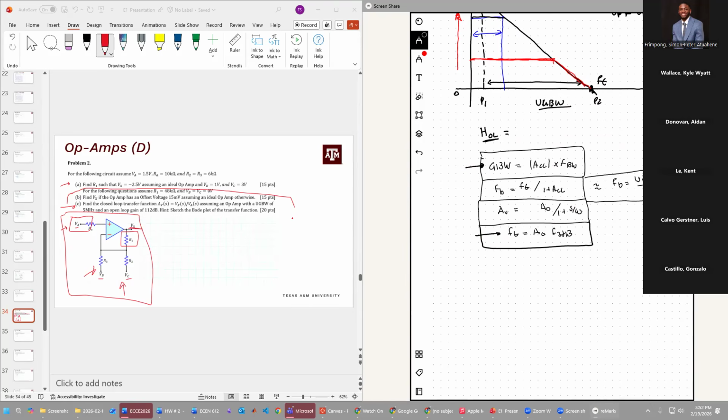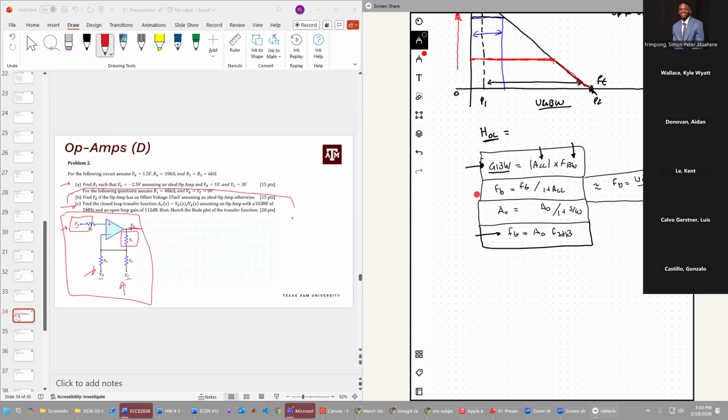All these equations are in the notes, and you should try to have a strong understanding of what these equations mean and what the takeaway is. For example, this first equation is the gain bandwidth, and it's equal to the closed loop gain times the frequency of the bandwidth.